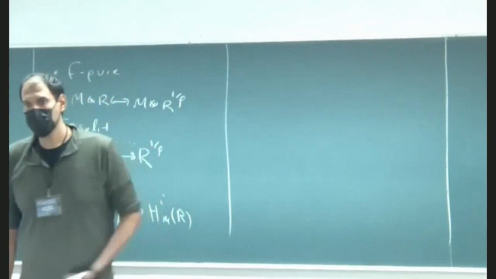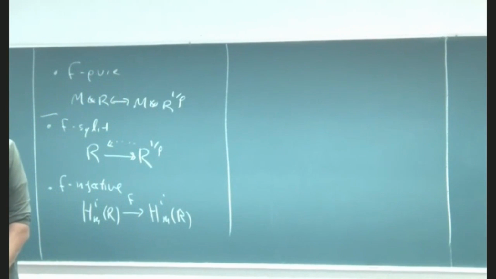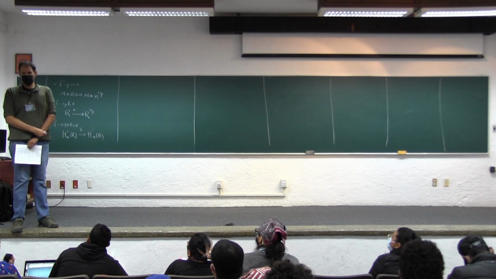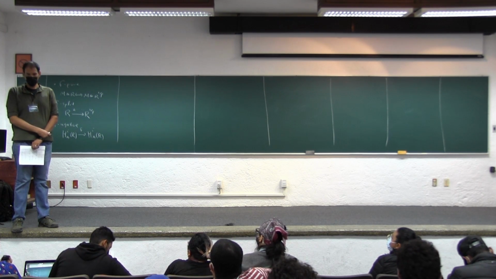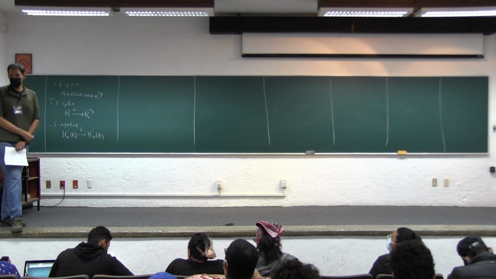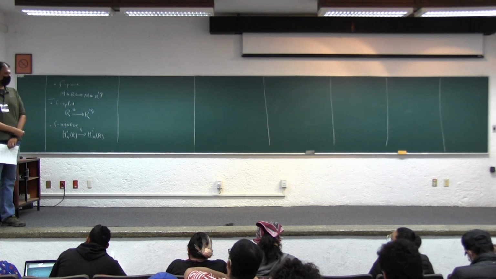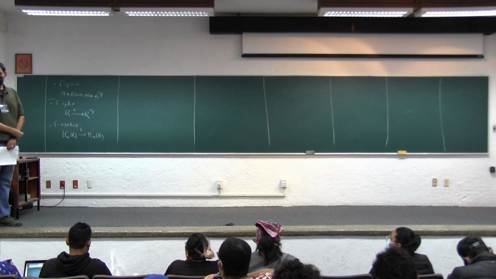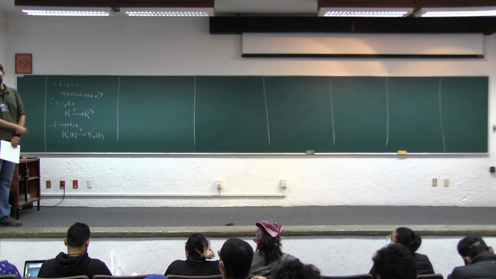So yesterday, one of the problems was to show that both purity and splitness are local properties. And then here we're with completion. You can see that you want to define F-injective for any ring.